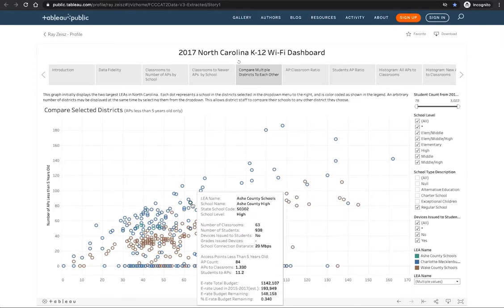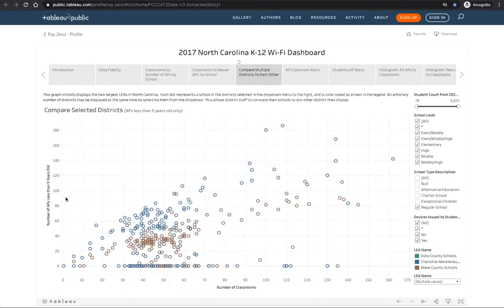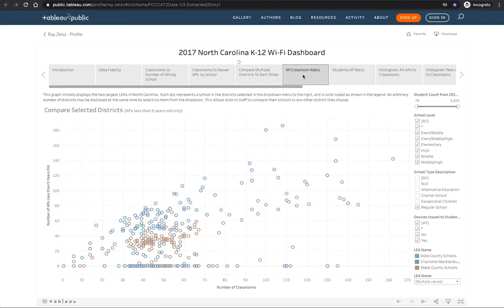It's a little bit hard to see on this screen, but again, this same data is number of classrooms versus number of APs less than 5 years old. Just a different way to look at a couple of districts at once and compare for what they have. If you know of a district that has a certain teaching methodology, use of online resources, then you might want to look at just that district instead of the whole state.